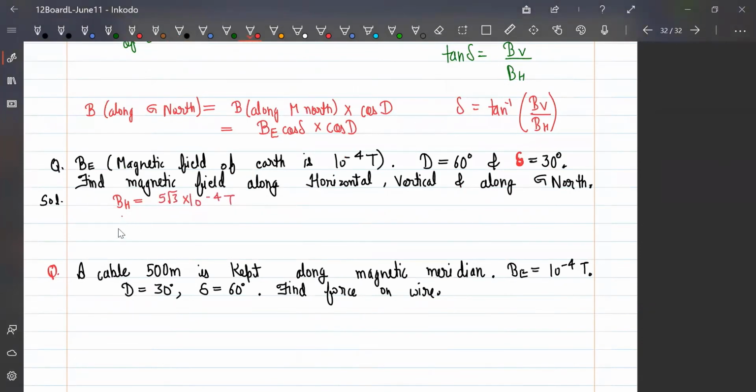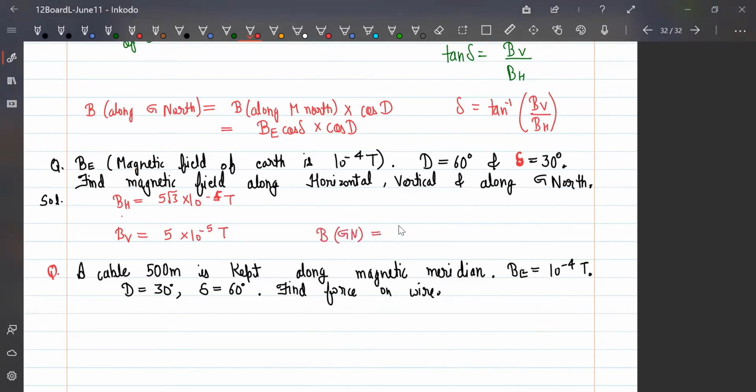What is the value of BV along the vertical? Sir, the BH is 5 root 3 into 10 to the power minus 5. Yeah. And BV is 5 into 10 to the power minus 5. Okay. And magnetic field along the geographic north.